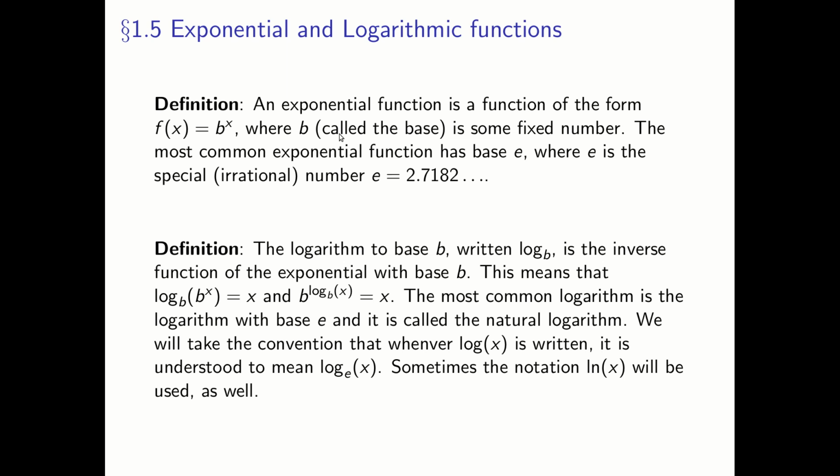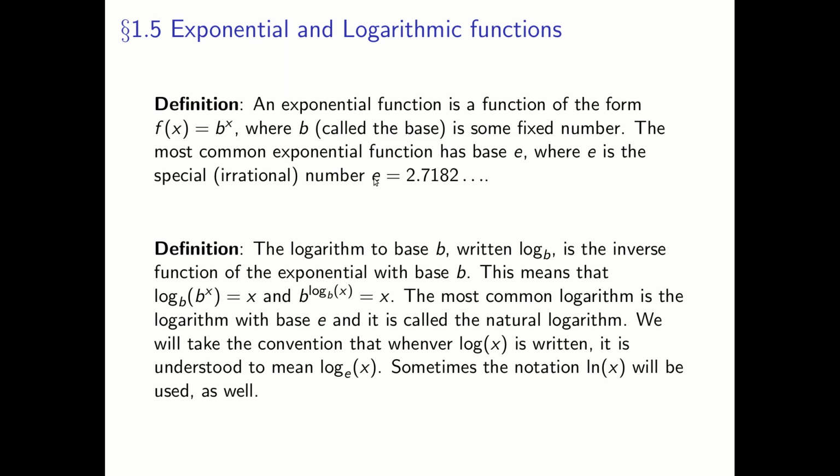Okay? Now there's a special number e that you hopefully have heard of, but if not, it's about 2.7182, and just like pi, it's an irrational number. In fact, it's an irrational transcendental number, whatever that means, and this means that you're never going to write out its decimal perfectly. So the symbol e is the best way to write this number.